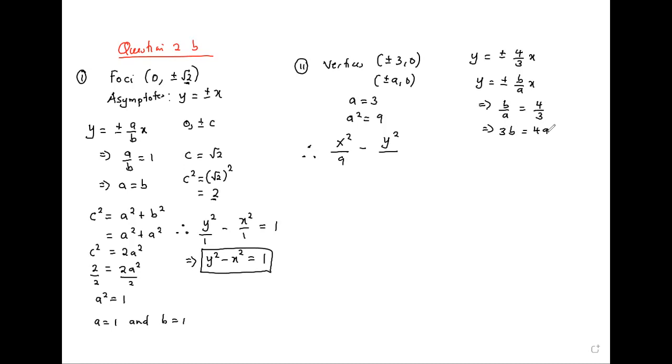But a is known, a is 3, so we'll have 3b is equal to 4 times 3. When we divide by 3, we get b is equal to 4. So b squared then becomes 16, and the equation is x squared over 9 minus y squared over 16 is equal to 1. And this is our equation.